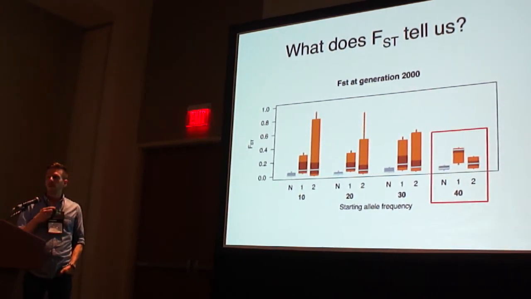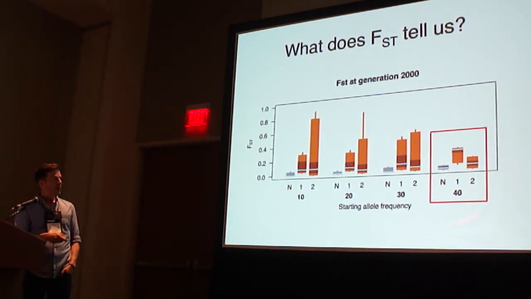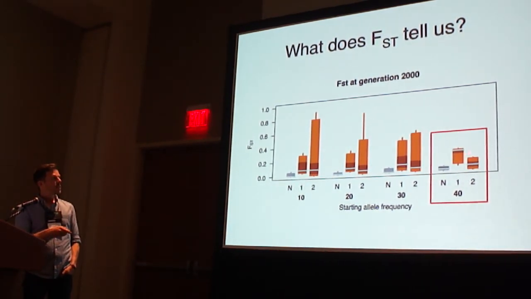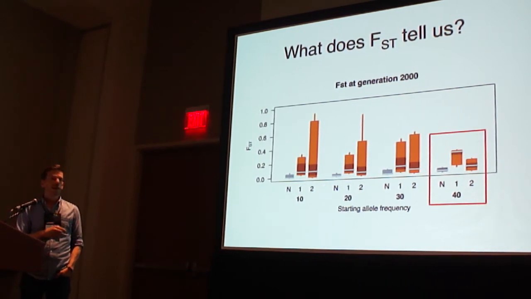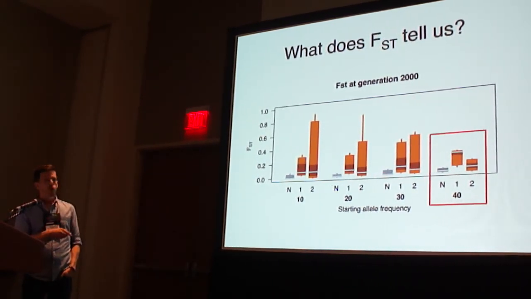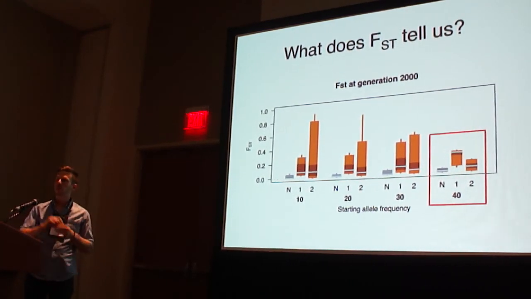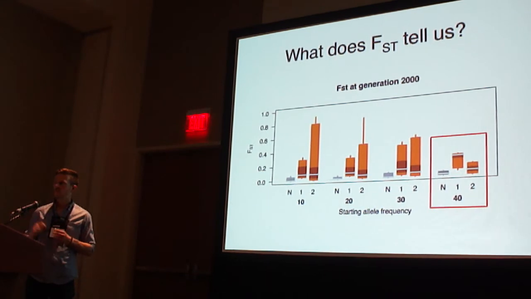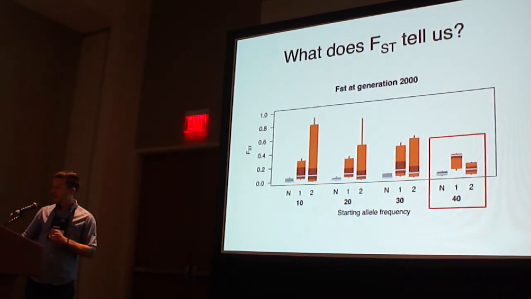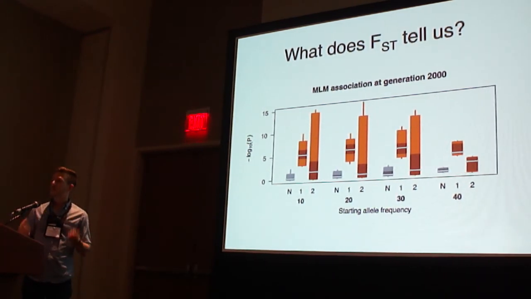Selected loci in the one-locus model that started with the highest allele frequency tended to have higher FST than those that started with lower initial frequencies. I think what's going on there is that those loci are just reaching FST equilibrium faster, but I'm not 100% sure about that. We don't find this issue with the association strength.